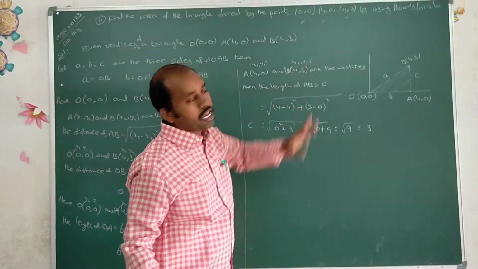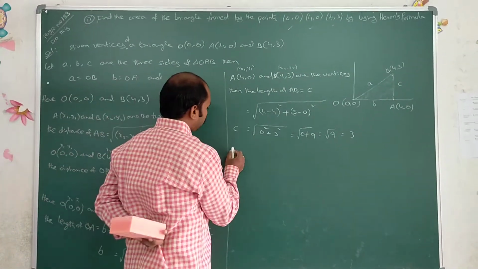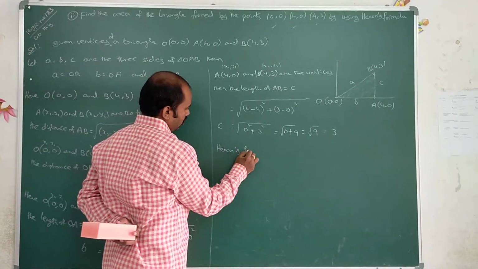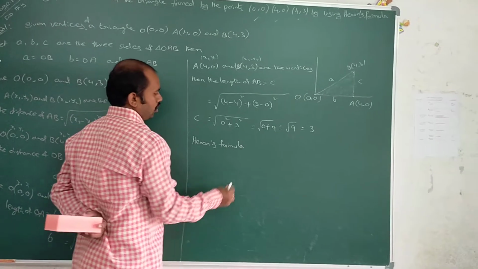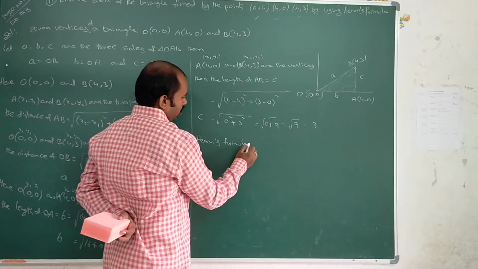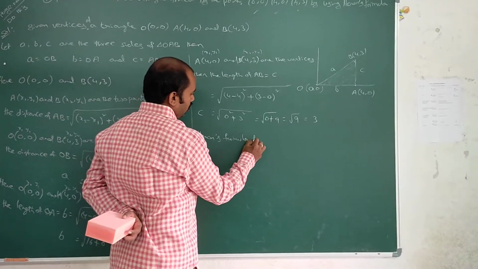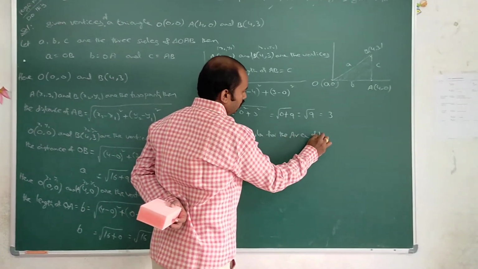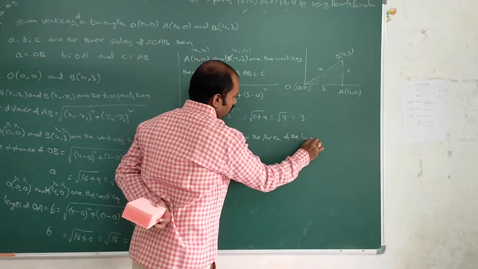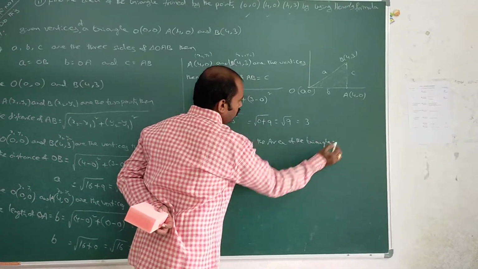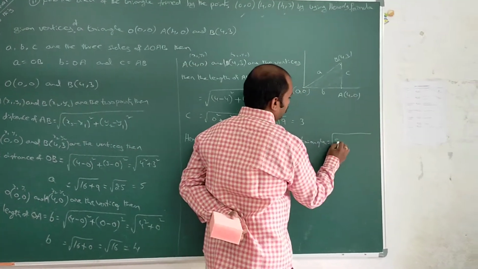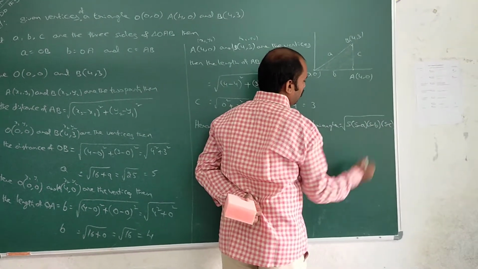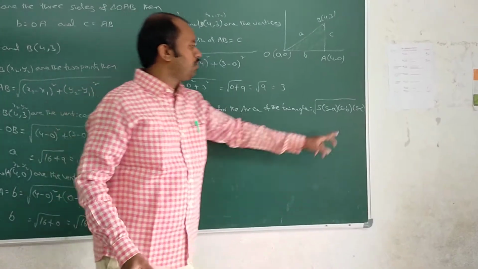Now by using Heron's formula, here you write Heron's formula for the area of the triangle, equal to square root of S into S minus A into S minus B into S minus C. Already A, B, C values we got.